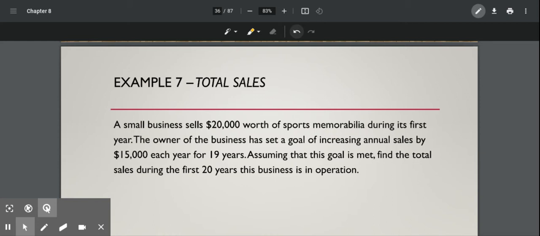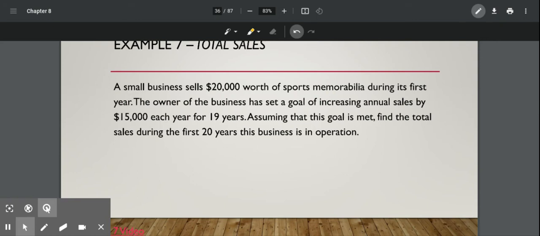So this means we want to find the partial sum of the first 20 years. Right? So eventually we want to find S sub 20, which means we'll do 20 divided by 2, and then we'll have our first year plus whatever the sales were in the 20th year.